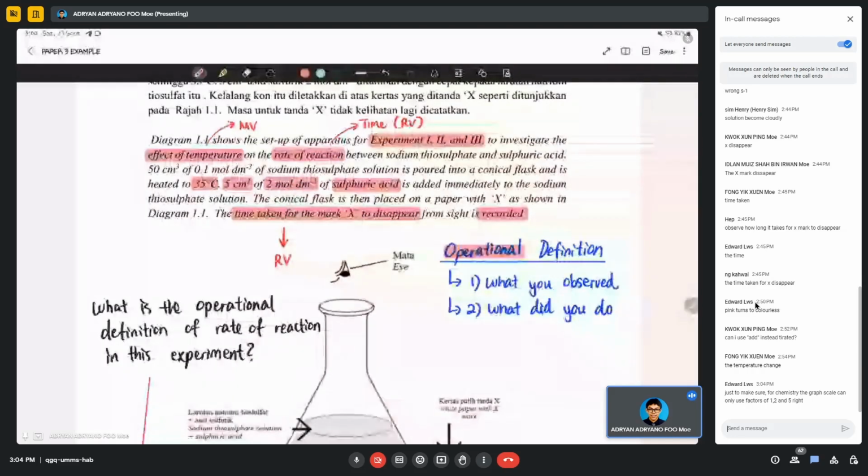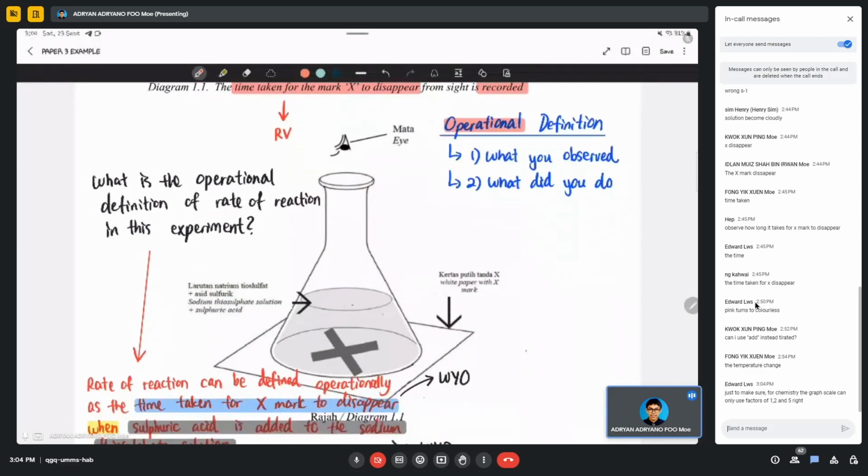make sure. For chemistry, the graph scale can use only factors 1, 2, and 5, right? Yes, it's the same like your physics. Physics is the same. But actually for chemistry I have so far not heard of such a requirement, because mainly we look at whether your scale is uniform. But the safest is to always use 1, 2, 5 for all physics, bio, chemistry. Okay, good question.